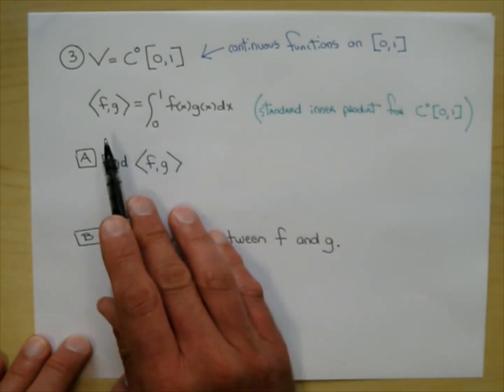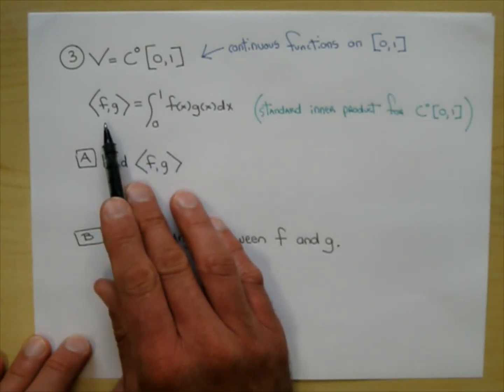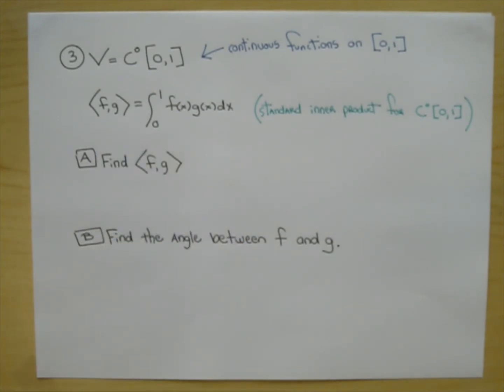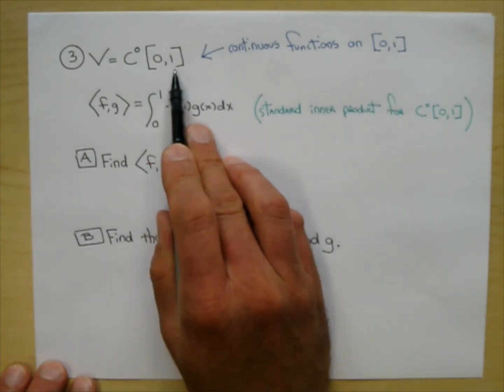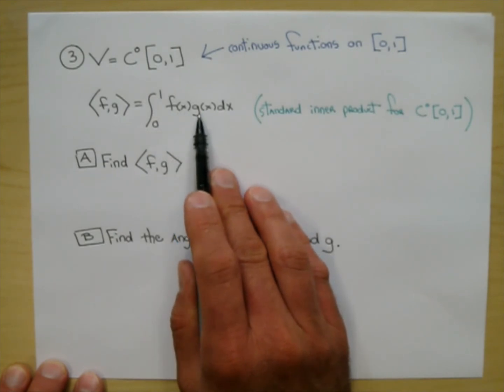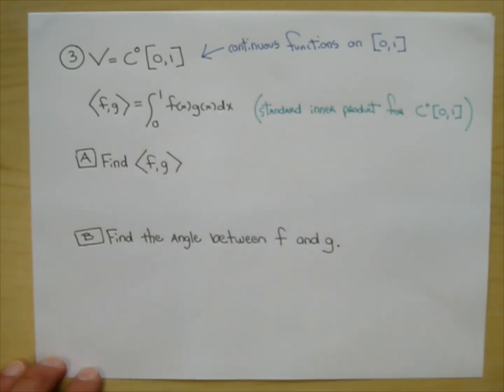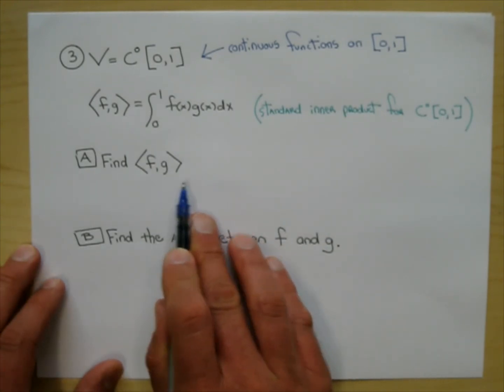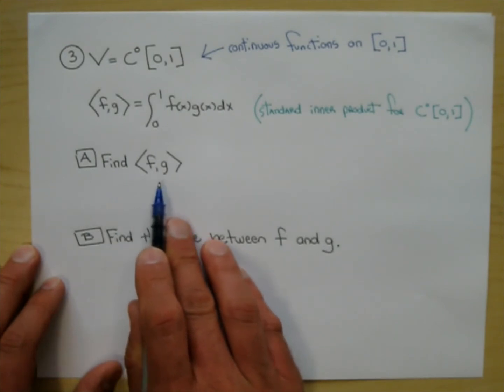And we have the inner product of f and g is the integral from 0 to 1. It kind of sweeps out that interval there. f of x, g of x, dx. What I'm noticing is I forgot to give an f and a g on this problem where I'm asking you to find the inner product between f and g.